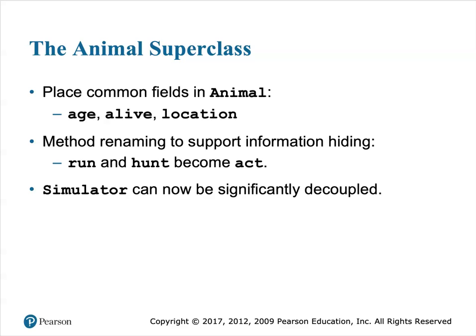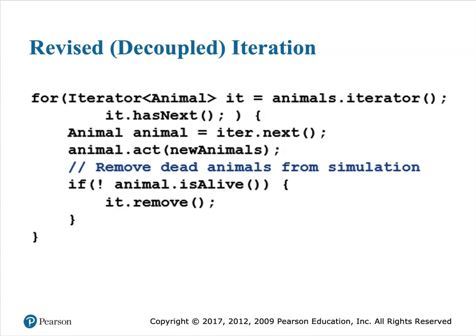With those conceptual changes, simulator is now decoupled from the two classes that are implementing the specifics of the predator and prey. For instance, the loop inside of simulator now says, give me an animal.